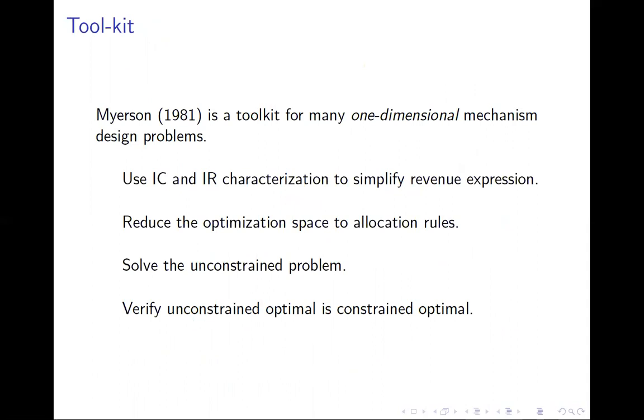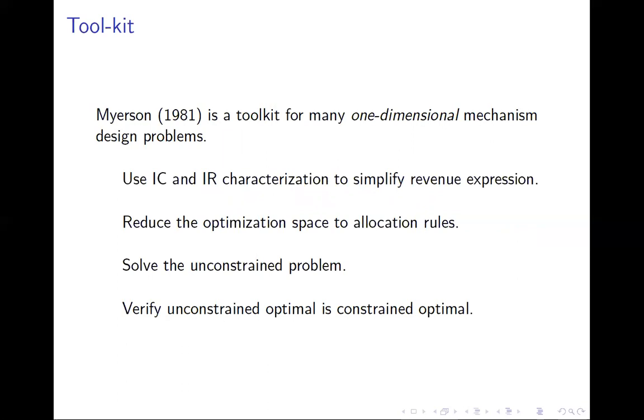So just to conclude, Myerson's approach of solving this revenue maximization problem is something you should look at as a toolkit. Why is it a toolkit? We have this characterization of DSIC, BIC mechanisms.